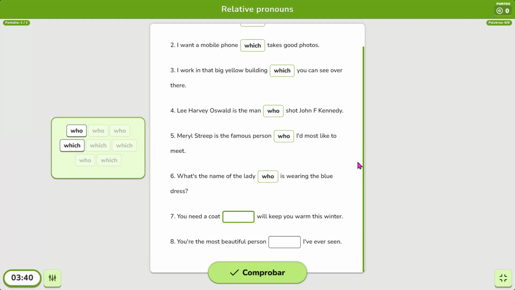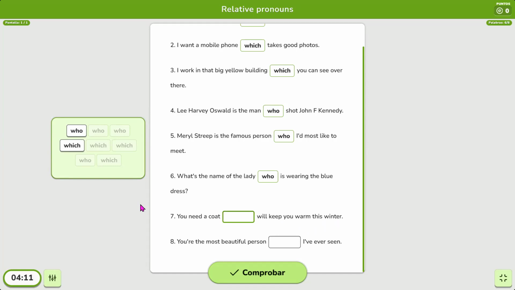Leah Cocoletzi. Can you hear me? Nope. Okay. My dear Pamela Salgado. Are you there? You need a coat will keep you warm this winter.